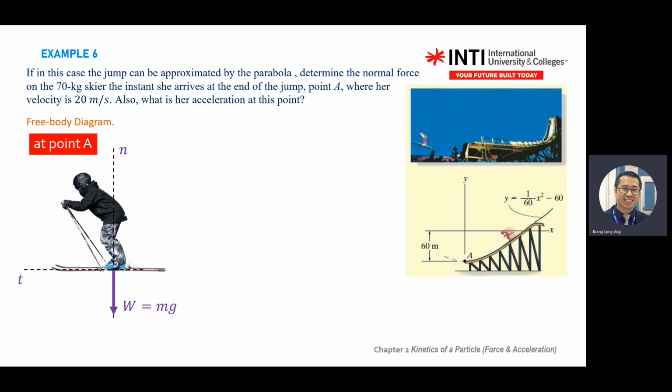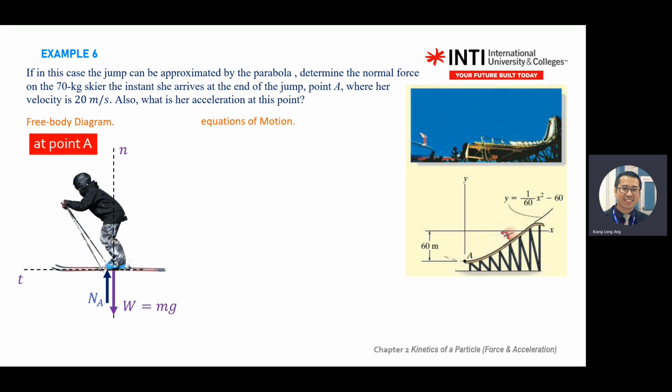And this one is skiing. Normally, what happens to the skiing surface? Smooth surface. So we assume so, right? Unless the question gives you the friction coefficient. Is it given? No. Okay.